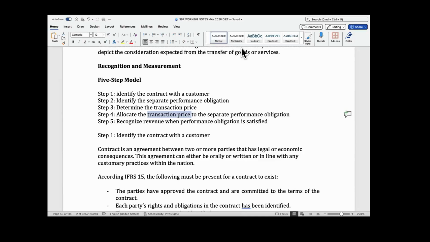And you can use input method, which is the costs that you will need to incur to provide the service. You can use that by considering what cost have I incurred to date, over the total cost that you need to incur on the entire service. You're free to use either of the methods to recognize your revenue over time.